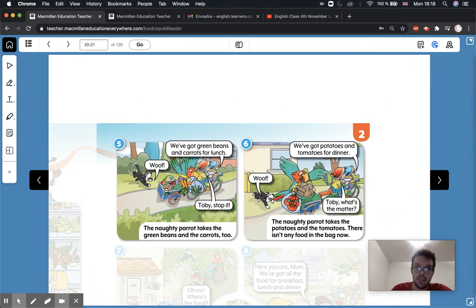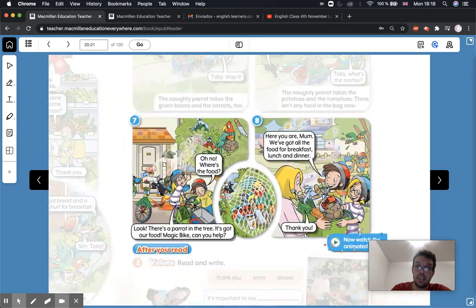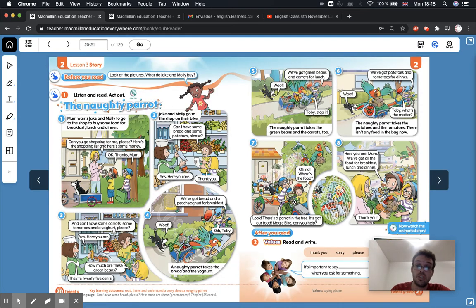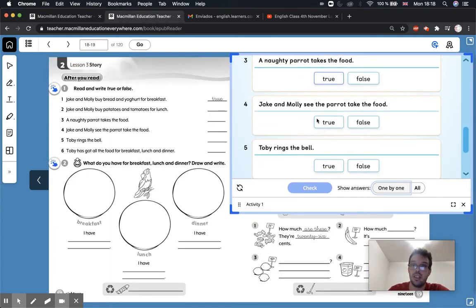Now, if we look here, the parrot takes the food, but Jake and Molly don't see. And when they arrive home, he says, oh no, where's the food? So they don't see the parrot take the food. The answer is false. So number 4, we write false.